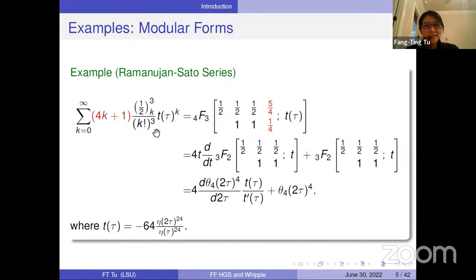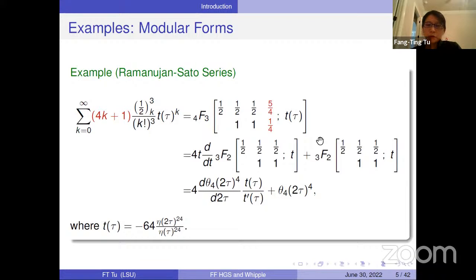Okay, so for this case again, it can be written in terms of a 3F2 function and its derivative. So this part is coming from 1 times these guys, and the 4k times this guy, they are related to these derivatives. Yeah.